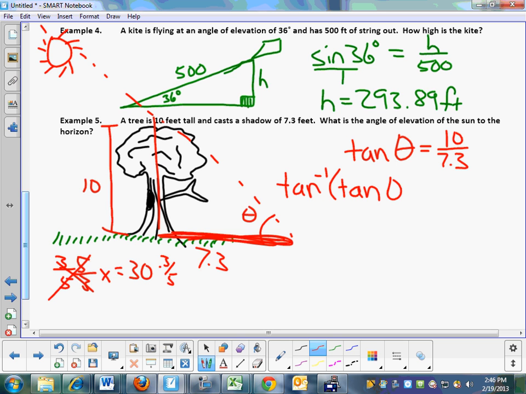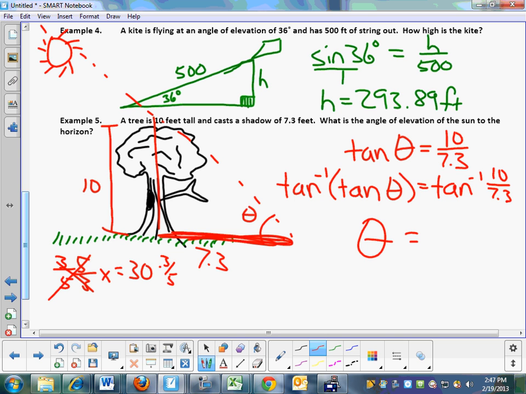So tangent inverse of tangent of theta is equal to tangent inverse of 10 over 7.3. So you don't have to write this out every time. This is just to show you what's happening. If I do tangent inverse of tangent of theta, what do you think I end up with? Theta. Just like over here we end up with just x, over here we end up with just theta. Tangent inverse undoes the tangent.